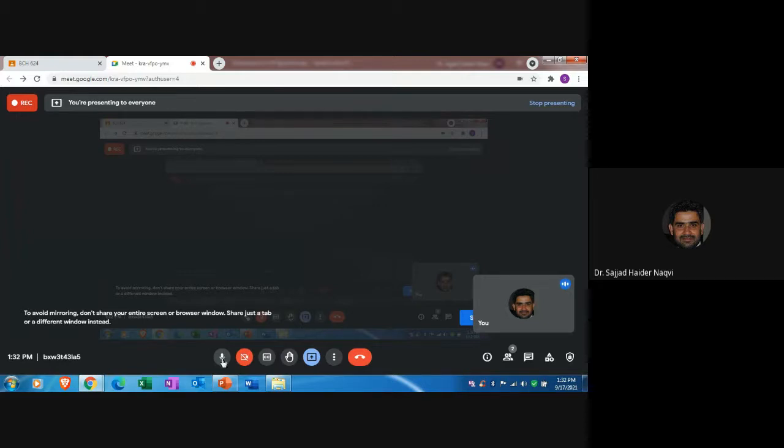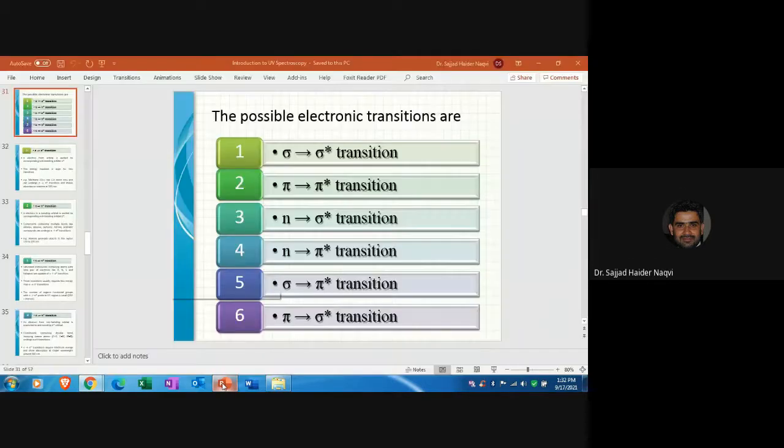We were discussing UV visible spectrophotometry. Just to connect with today's lecture, the last topic that we discussed in UV visible spectrophotometry was about the electronic transitions, and I discussed with you that there are six possible electronic transitions which are listed in this slide.